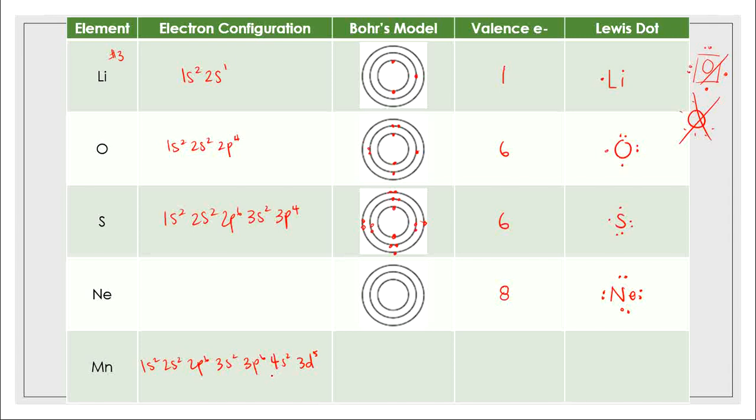If we're looking at the highest energy level, we're looking at the coefficients. And we're looking at the highest coefficient number, which is the 4th energy level, not the 3rd. So we're only looking at the 4th one, and how many electrons are in the 4th level? There's 2, and so we write 2 valence electrons for manganese, and the Lewis dot structure would look something like that.